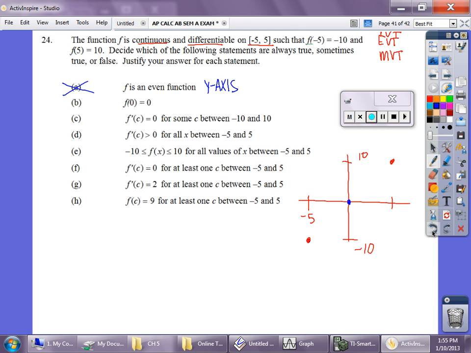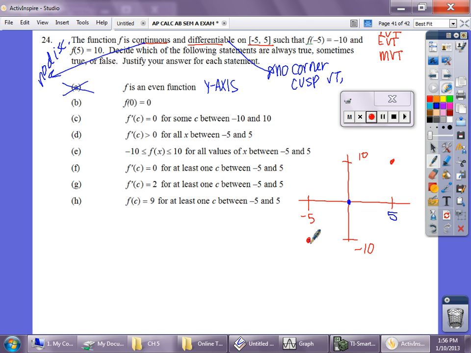Alright, letter B, f of 0 equals 0. So are we guaranteed that that blue point will be on any graph that I create from negative 5 to 5 that is continuous and differentiable? Differentiable means no corner, cusp, vertical tangent. Continuous means no discontinuities, so I can't ever lift my pen.